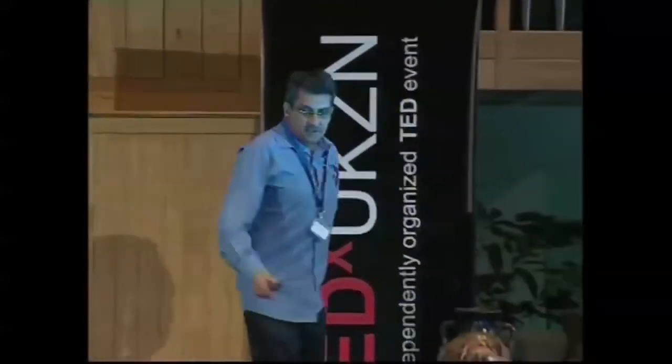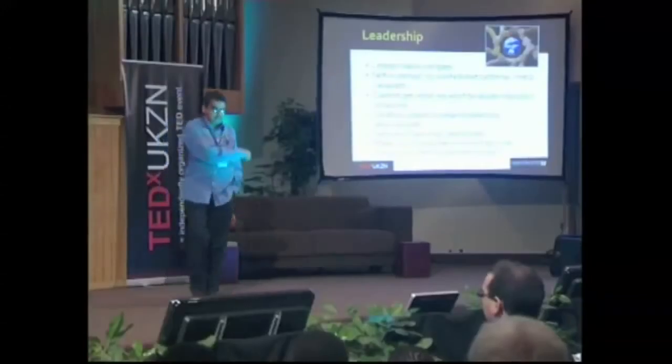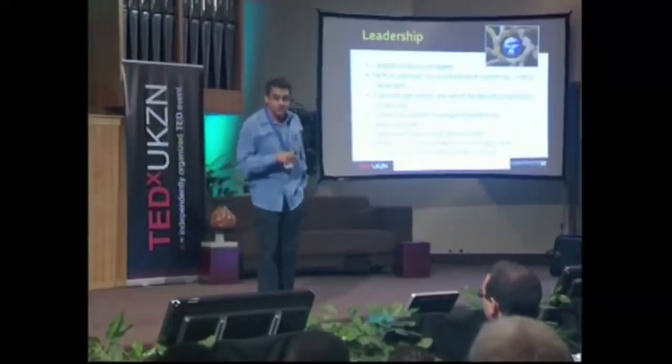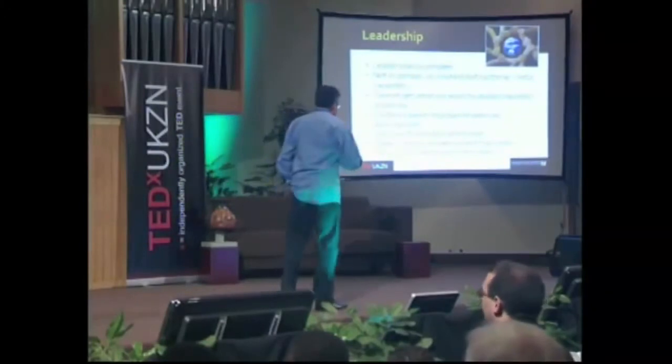So, if we can just reflect a little bit, we know that the president recently appointed a National Planning Commission. And I think the lesson from this kind of thinking is that we've got to be cautious about our expectations of such a National Planning Commission. Because we know that no single agent, no small group of agents can understand the full complexity of the system and the environment and design interventions for us to move forward.